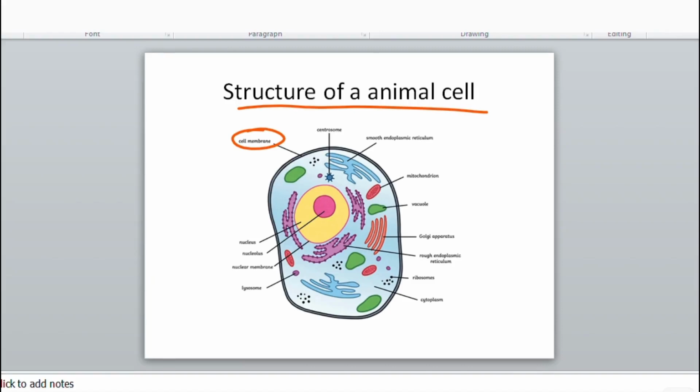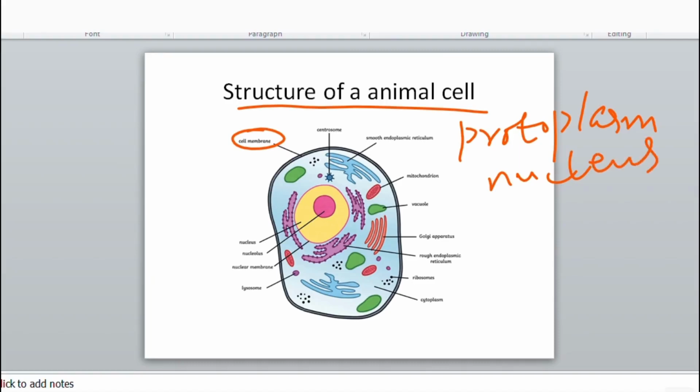The protoplasm is actually the living material of the cell, which encloses the nucleus and the cytoplasm.